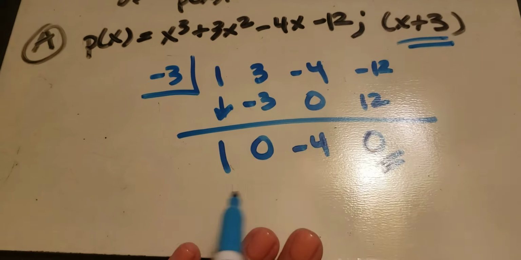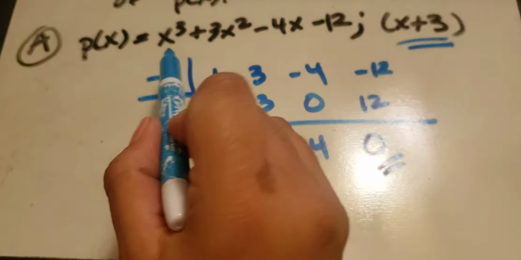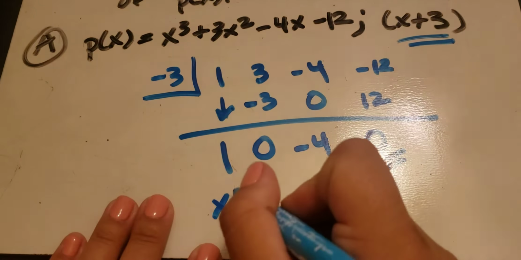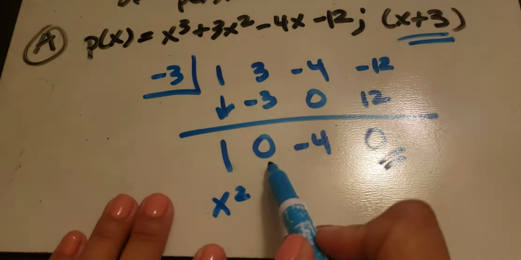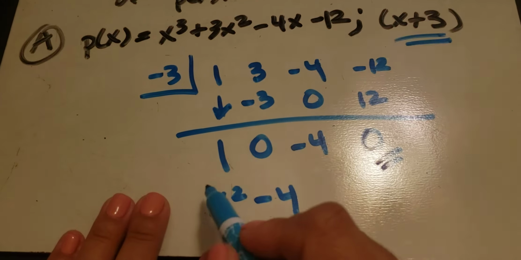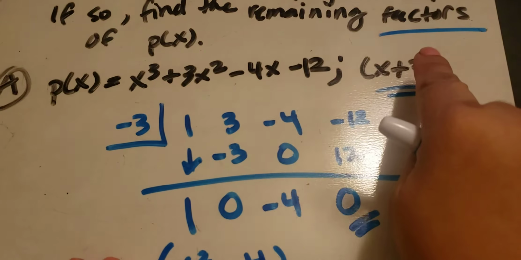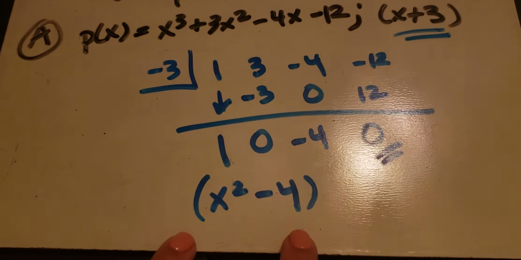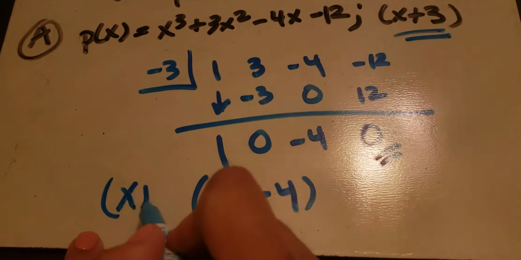So now how do we write our polynomial? This is degree 3, so this has to be degree 2. So we're going to write x squared. Then this would be x, but there's no x. So then we just write minus 4, okay? Since they're looking for the factors, okay, technically this is the factor and so is x plus 3.